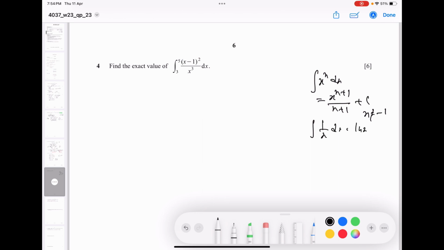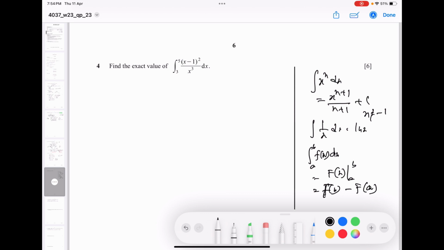Another thing is that if we integrate f(x) dx with limits a to b, then after integration, if it becomes F(x), we can write F(b), the upper bound, minus F(a), the lower bound. I think this formula will be helpful to solve this question.